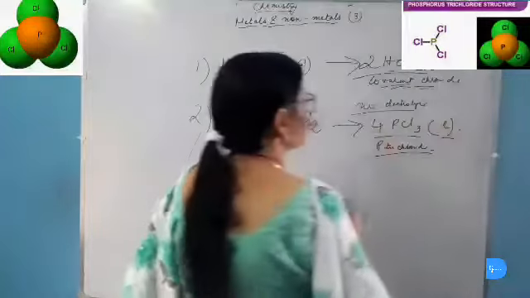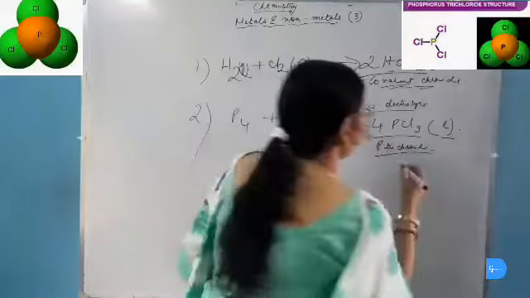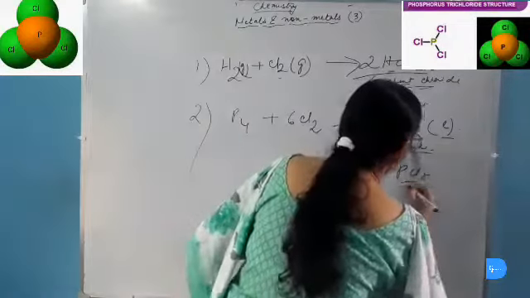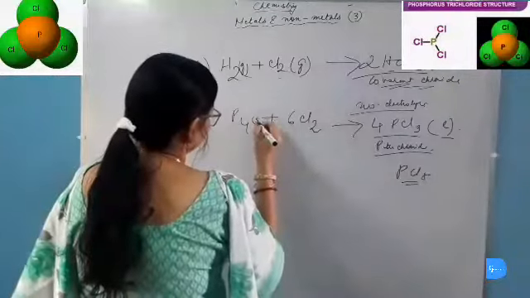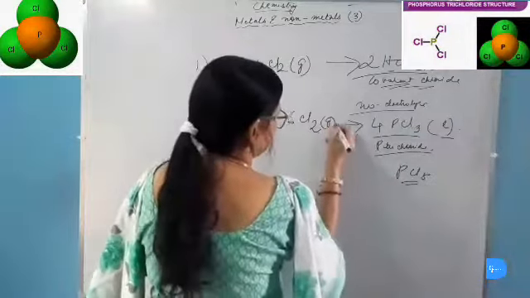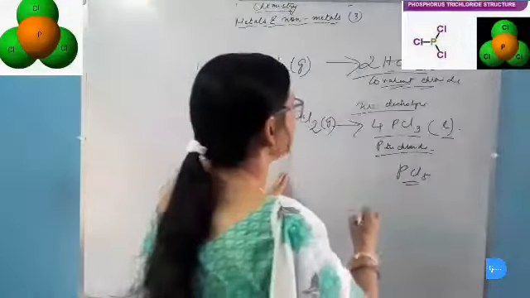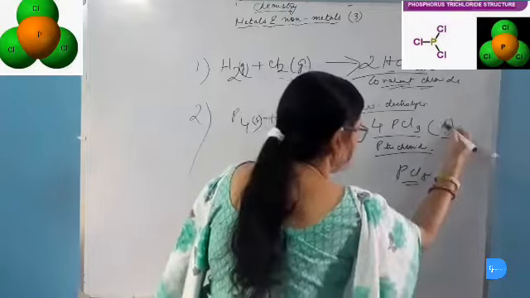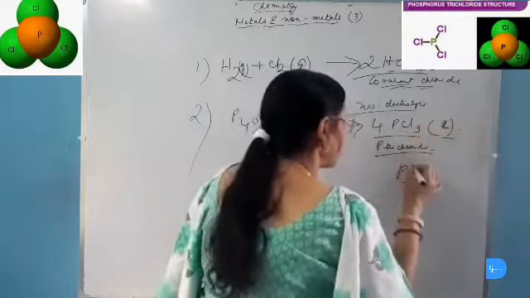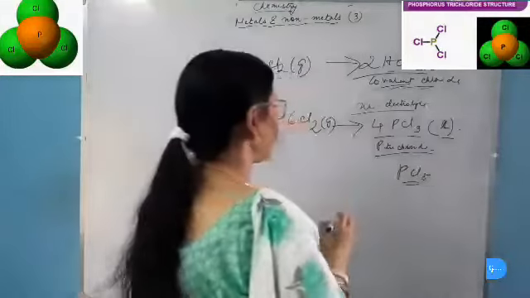It is liquid in nature, it is non-electrolyte and it is volatile. Some amount of phosphorus pentachloride is also formed here. It is liquid in nature, it is non-electrolyte and it has low melting and boiling point. It is volatile in nature.